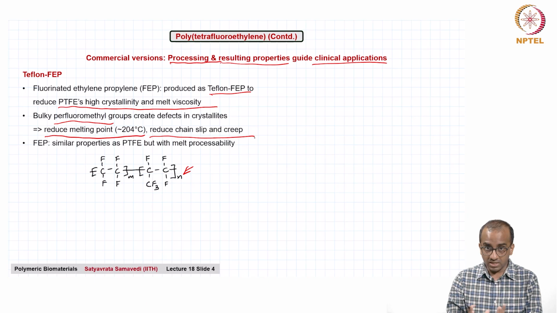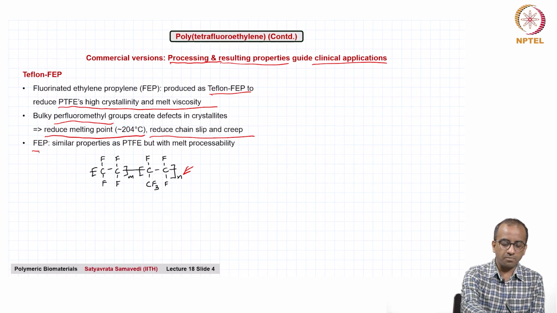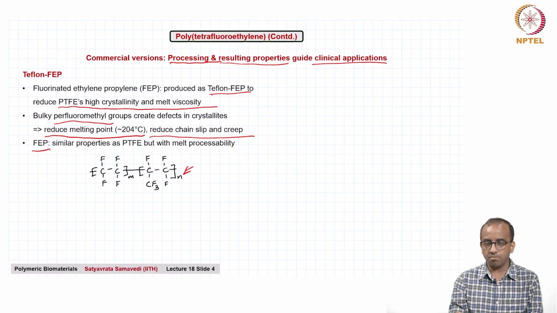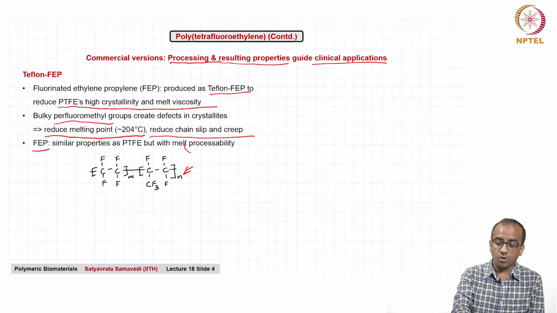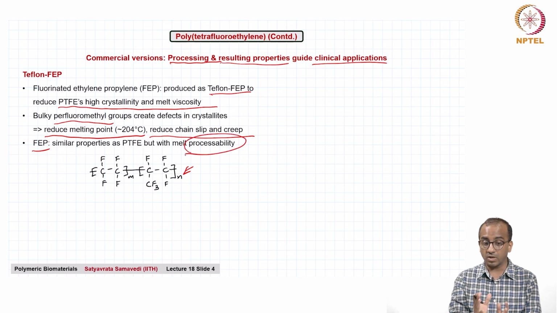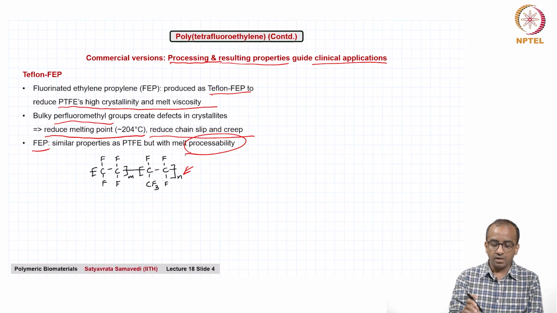So, in one sentence, FEP has similar properties to PTFE. While all other properties of PTFE are reasonably not compromised, it also helps with processability. So, that is one way to overcome the limitations of PTFE that we saw earlier.